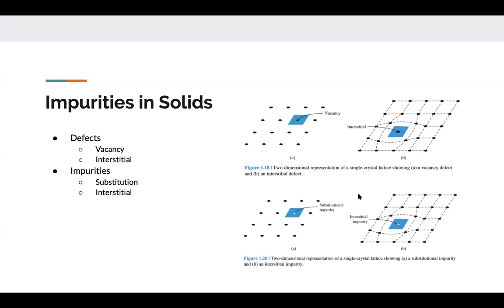You can have a substitutional impurity where a different atom takes the place of your original atom, like a silicon atom being replaced by a phosphorus atom in the lattice structure. And then you have the interstitial impurity, which is similar to an interstitial defect, but instead of an extra atom of the same element, you have a different atom.